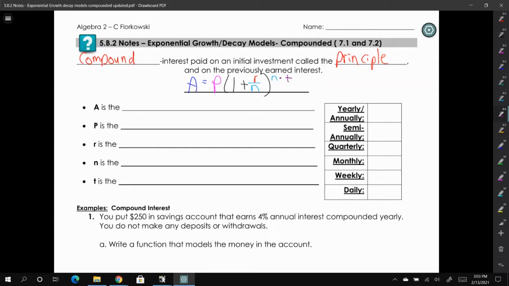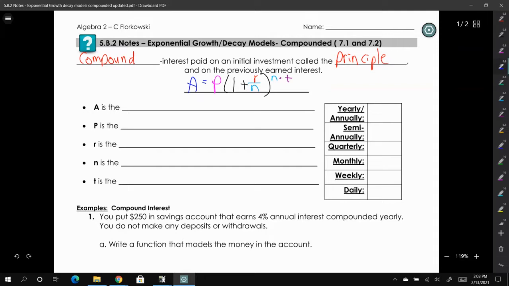So this is just going a little bit further. The only difference really is we have that n in the denominator. You're dividing your rate by n right here, but then you're also multiplying n times your time up in your exponent. So a little bit of a difference from the previous ones.